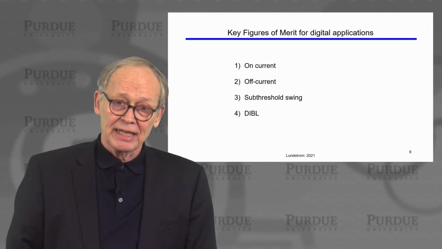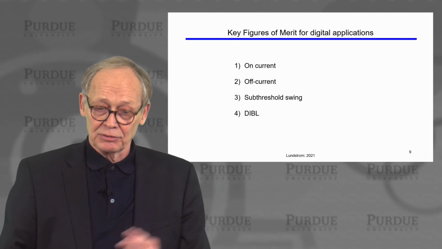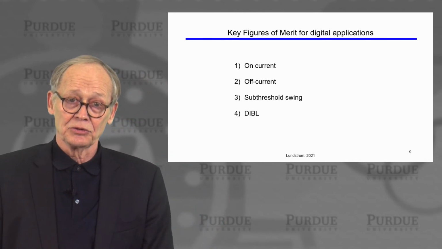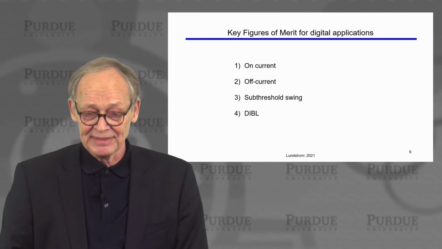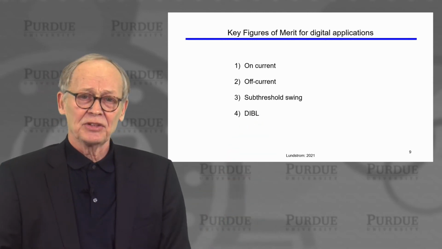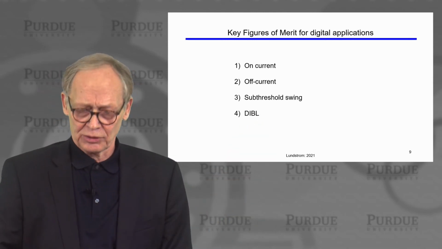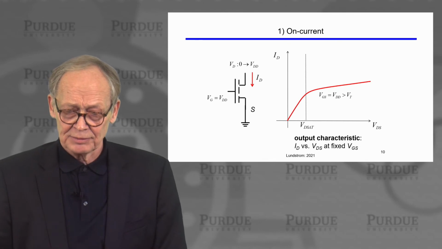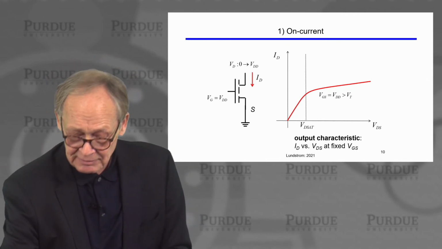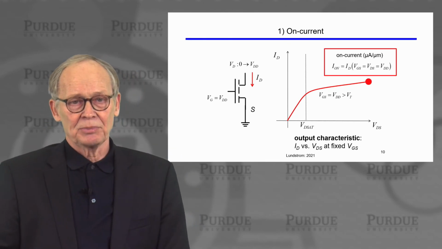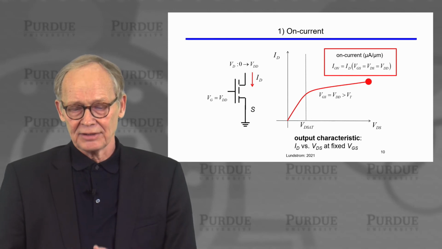Well, we discussed some key figures of merit. On current controls speed, off current controls static power dissipation. The subthreshold swing and DIBL are important. And we talked about what those are. On current, we simply apply the maximum voltage to the gate and the drain.